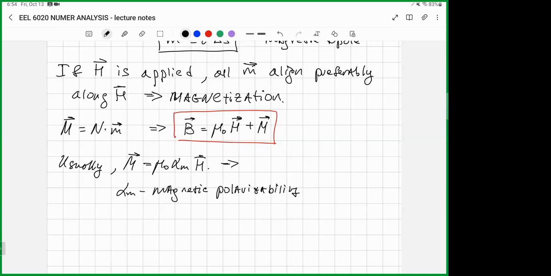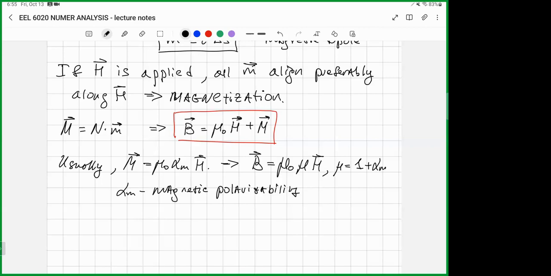Yeah, plugging this one into the formula above leads to this new one, mu 0 mu H, with mu equals 1 plus alpha m.